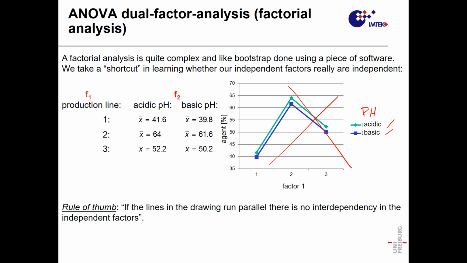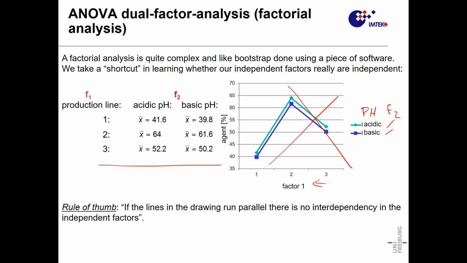So this is also a way to quickly see if pH and production line interact with each other. In this case, it looks like the lines are parallel. There's a strong influence for factor 1, but factor 2, which is pH, is not showing much change. But we will see.